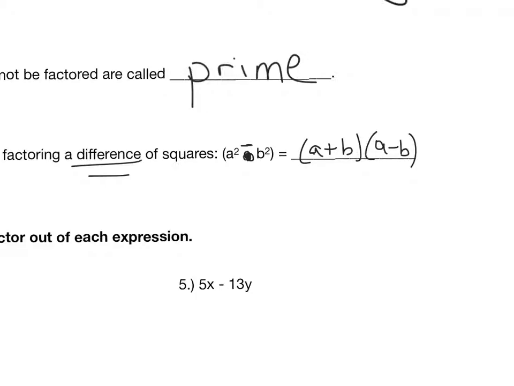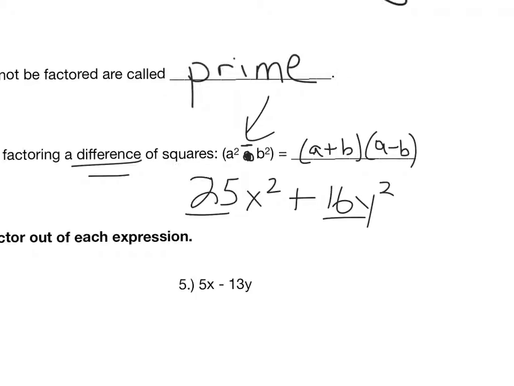Now let's talk about this error in your study guide really quick. That should have been a minus, not a plus. So if you get something that looks like 25x squared plus 16y squared, you can take the square root of 25, 16, x squared and y squared, right?